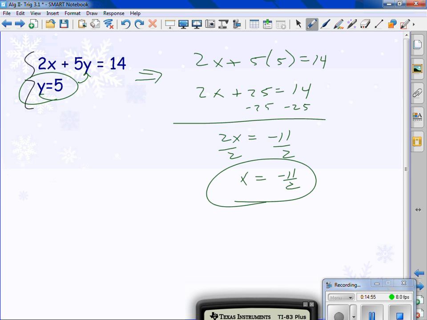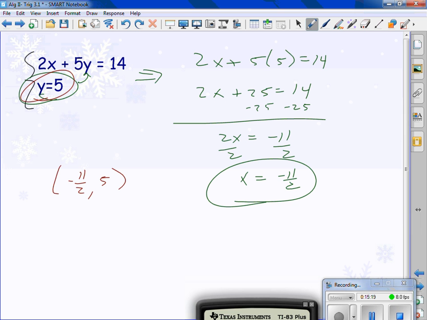What did we say our answer was there? Negative 5. We're off a little bit. This is the exact answer. Now, I need to find my y value. What's my y value? 5. It just tells me. The solution is negative 11 halves, comma 5. Negative 5.5, comma 5.